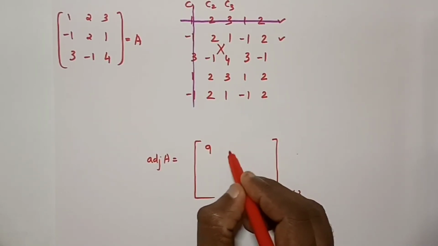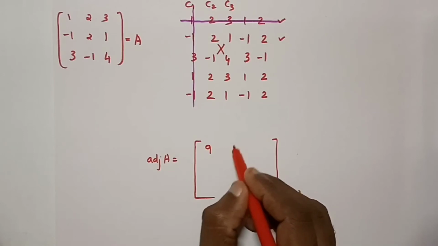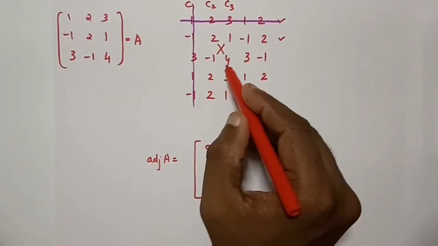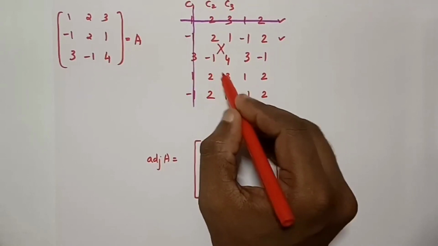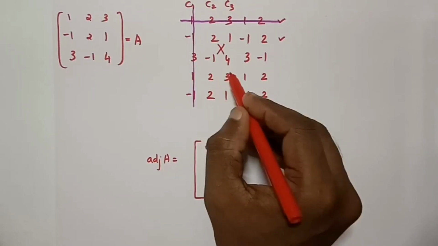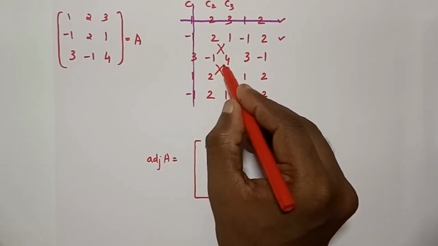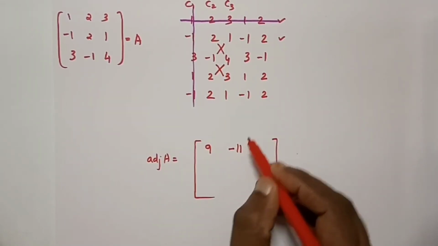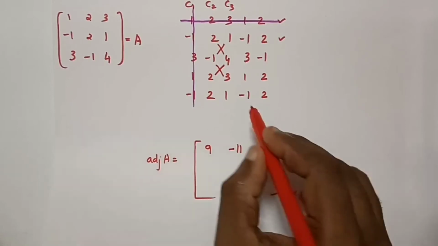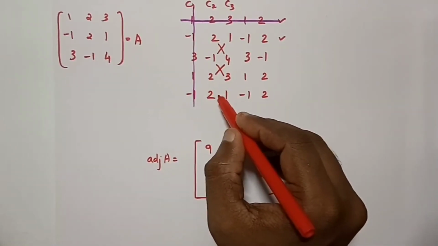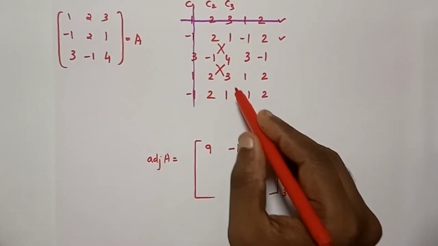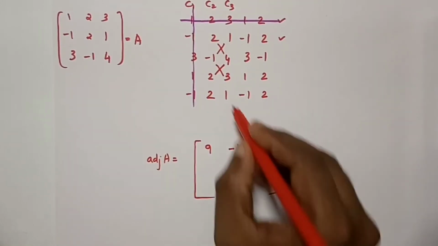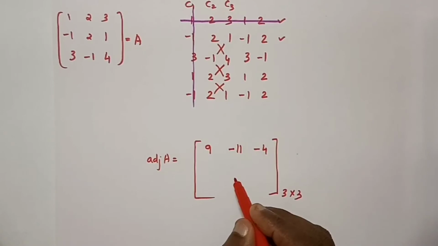The second entry in this row I am going to calculate using the next pairs, that is 1 into minus 1 times 3 minus 2 times 4, and that is nothing but minus 11. The next entry here is 2 into 1 minus 3 into 2, 6. So 2 minus 6, that is minus 4.